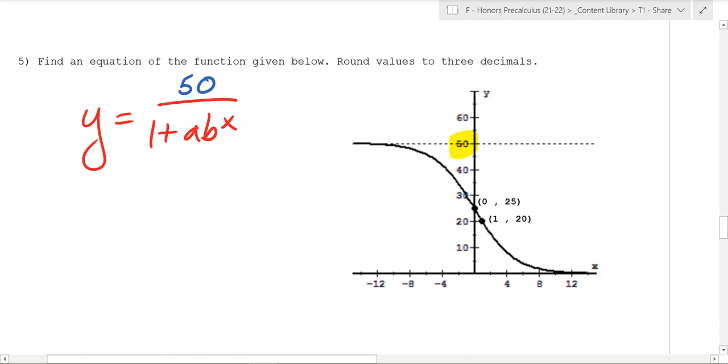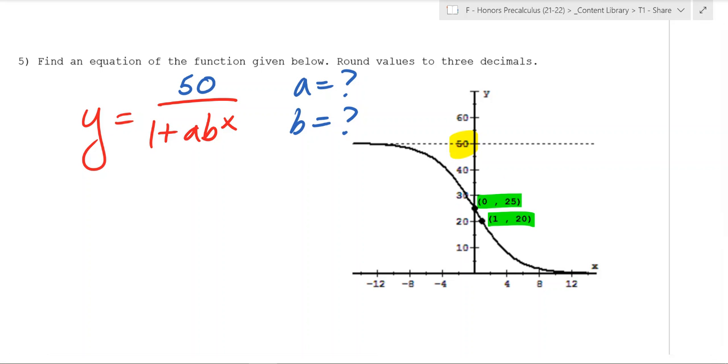To answer this question, we need to know what a equals and what b equals, and we have 2 points: (0, 25) and (1, 20). You plug those in to solve for each of the values. So for example, (0, 25) means when you plug in 0, you get out 25.